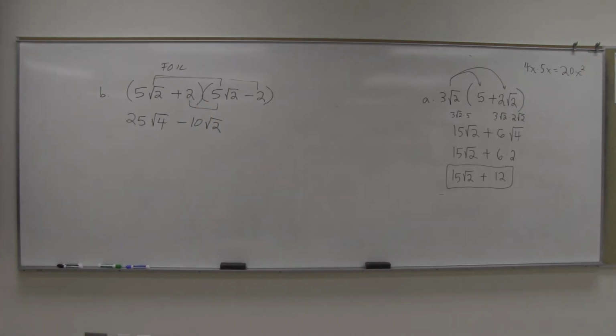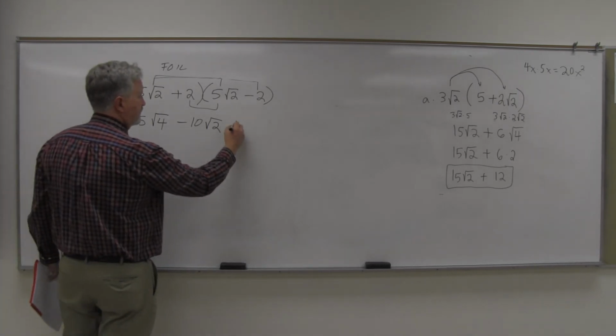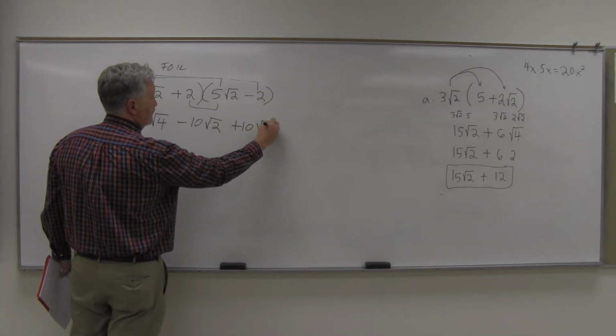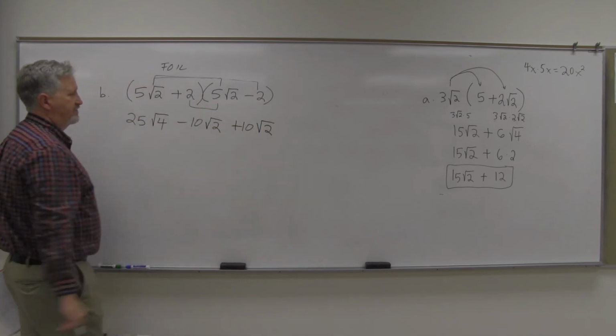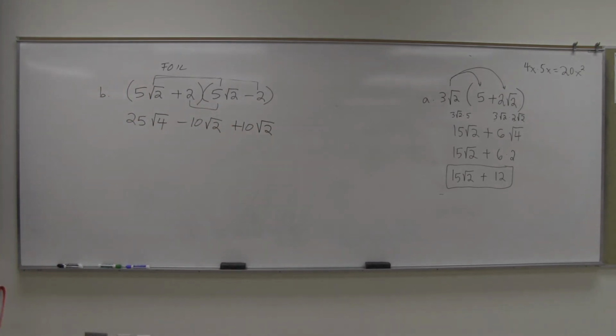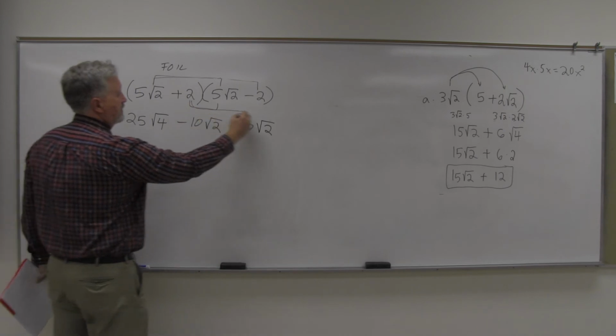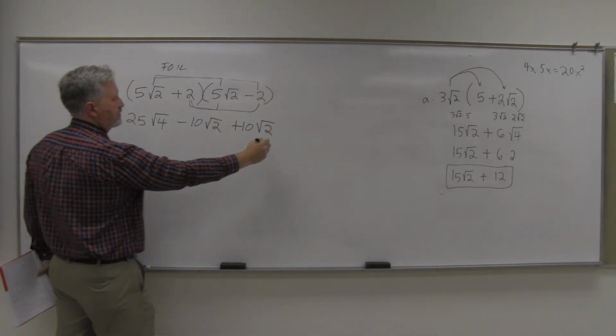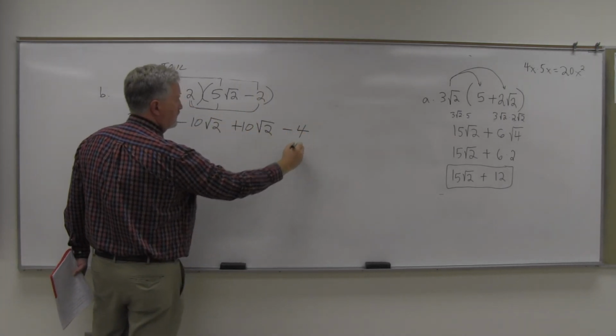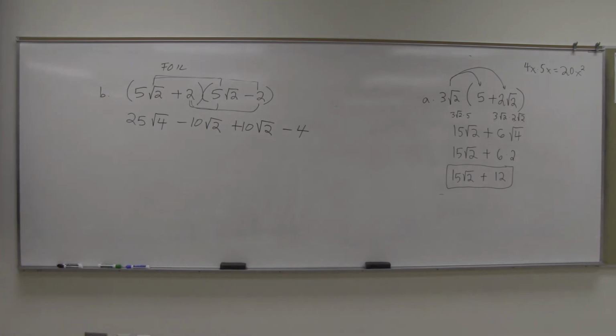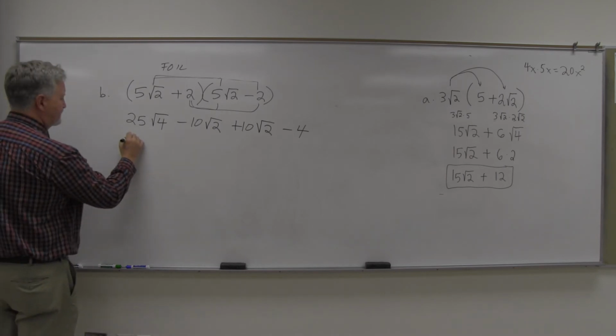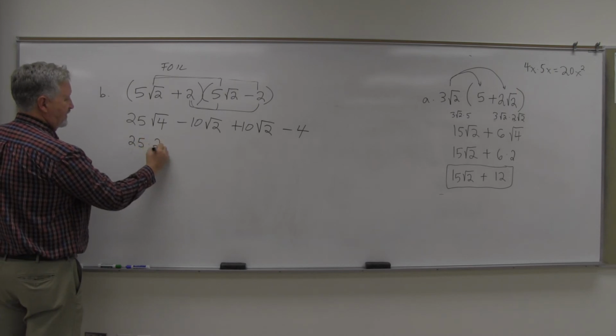2 times 5 square root of 2, well that's similar. 2 times 5 gives you 10, but it's positive 10. The square root of 2 is going to stay square root of 2. And then last, 2 times negative 2 is minus 4. So what can we do to that? Lots of nice things happen on this one, don't they? The square root of 4 times 25 becomes 2, you can do the square root of 4.